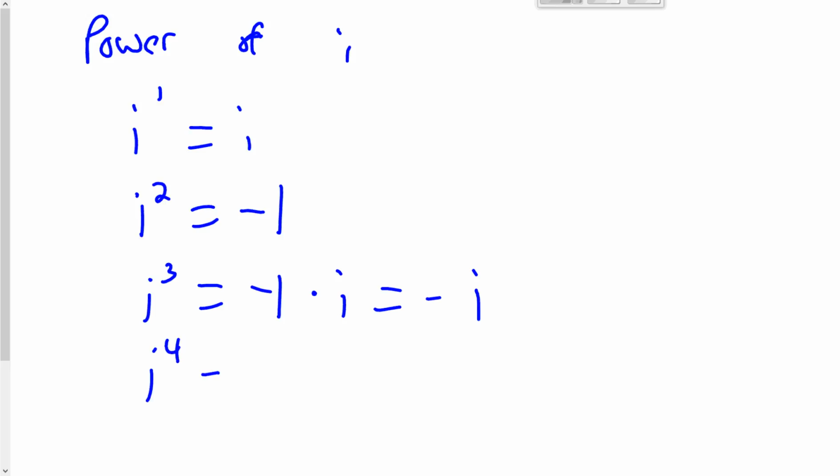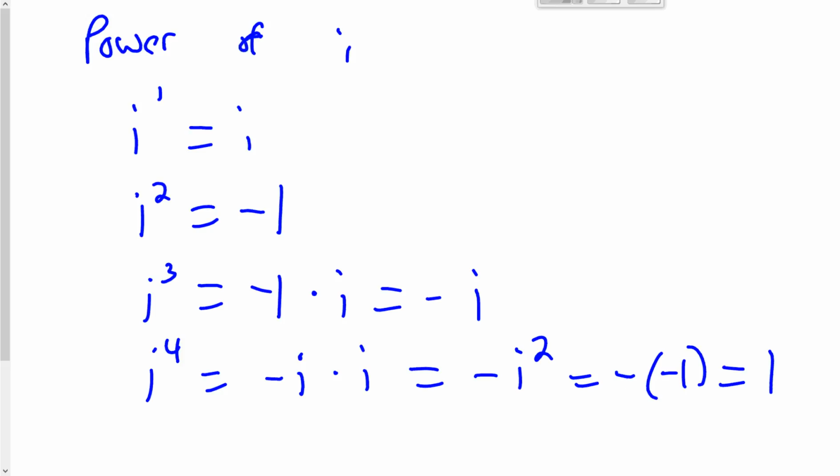I multiply by another i, that'd be negative i times i. And i times i is i squared, but I have that negative, so it's a negative i squared. So I have a negative times i squared, which i squared is negative 1. So I basically have a negative times a negative, which is a positive.